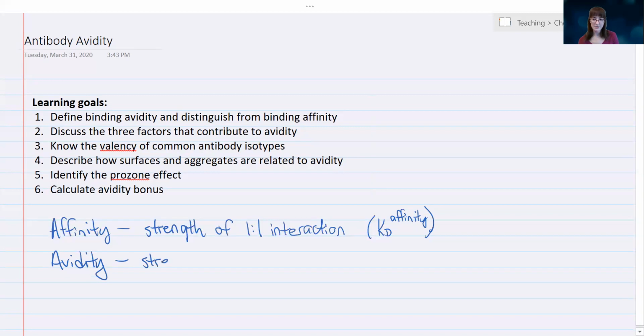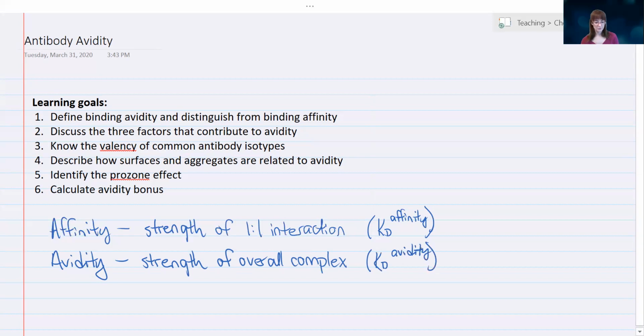So avidity is a description of the strength of the overall complex that is formed, even if there is more than one interaction happening. And sometimes people will call this KD avidity just to distinguish it.